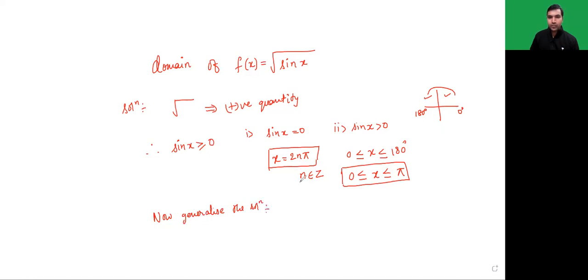So we will add 2n pi, right? This plus this. The total solution is this value plus this value. Therefore, 0 plus 2n pi less than or equal to x less than or equal to pi plus 2n pi. That means we have to generalize this solution.